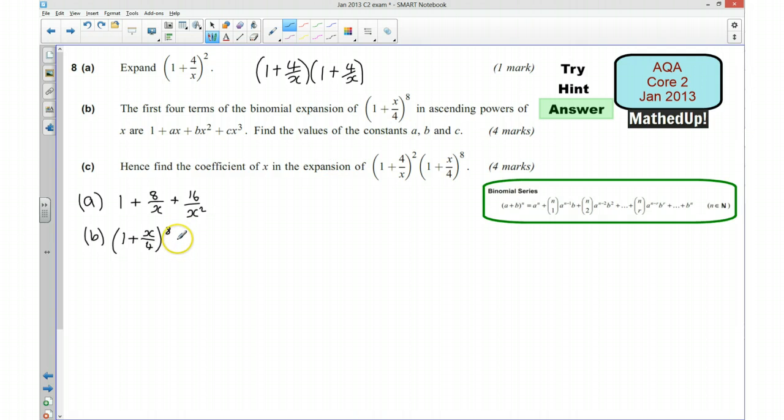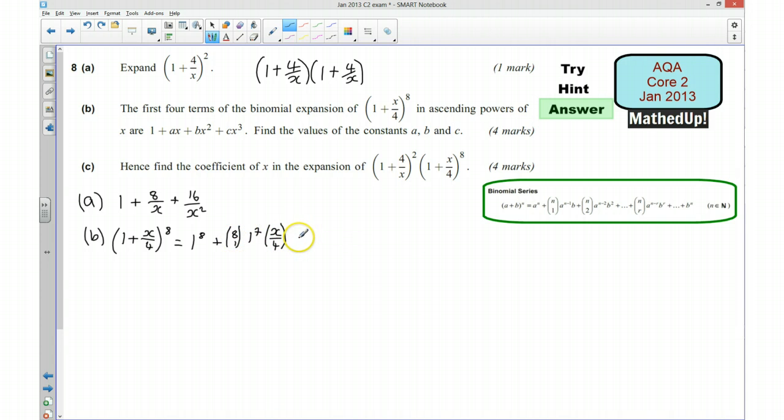So that's going to be equal to 1 to the power of 8 plus, my n is 8, so I've got 8 choose 1, and I'm going to have 1 to the power of 7 times x over 4.